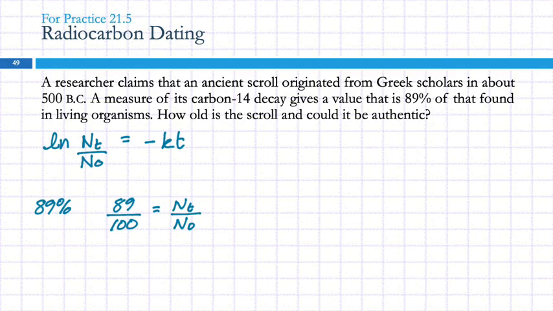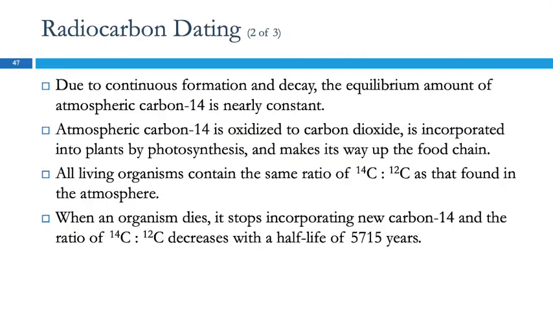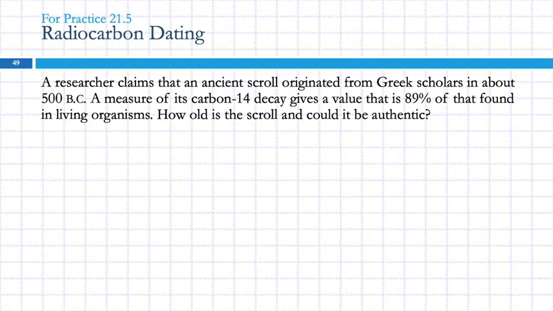Again, we need the rate constant. The rate constant is equal to 0.693 divided by the half-life. Did that in a previous problem. For carbon-14, we need to use the half-life of carbon-14. I think that last slide said 5715. We'll go with that.